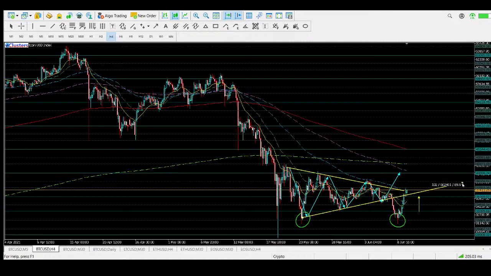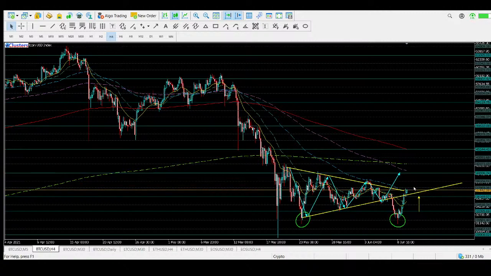If it's going to come down below this trend line, then we'll probably be coming back to retest these levels again, 34.616 and 33.95.